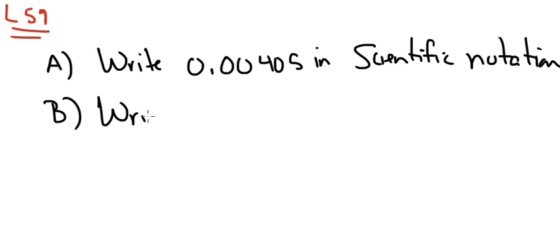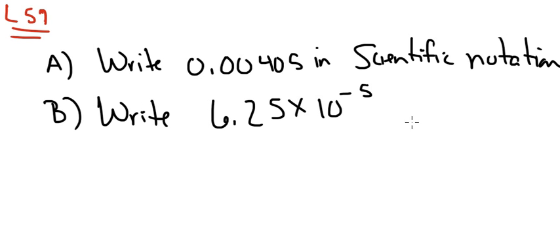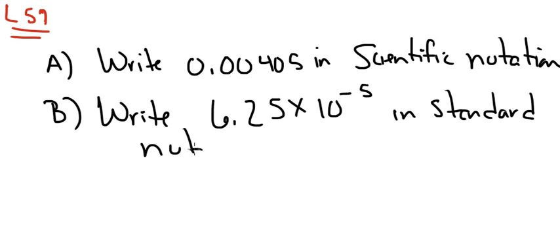B, write 6.25 times 10 to the negative 5 in standard notation. All right, those are the problems that we have to do. And we have our answer to A and our answer to B.